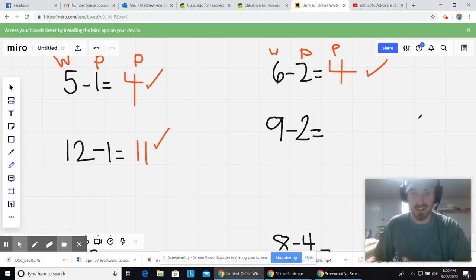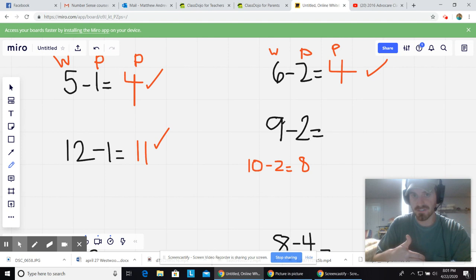For 9 minus 2, there's a couple of different ways you can think about this. You can think about 10 partners. You could think, I know that 10 minus 2 is 8, but 9 right here is 1 less than 10. So my answer would have to be 1 less than 8. So hopefully that makes sense. So if 10 minus 2 is 8, and you know that, you can think, well, 9 is 1 less.